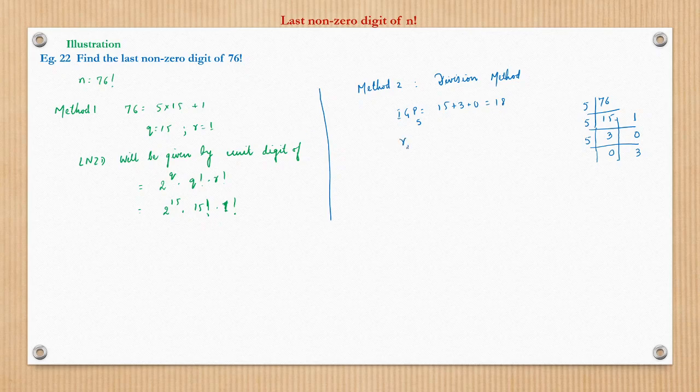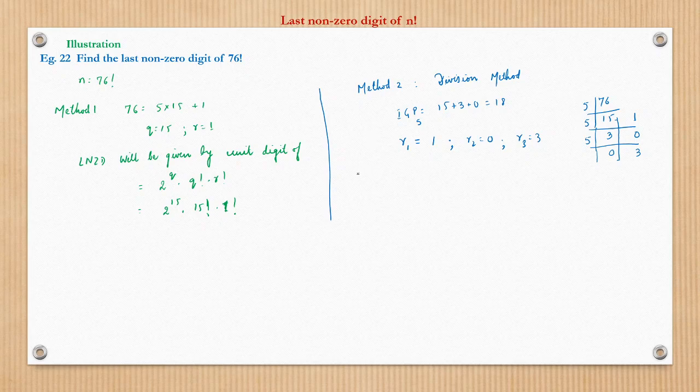Now R1 is 1, R2 is 0 and R3 is 3. These three are the remainders, 1, 0, 3. So that we have taken.